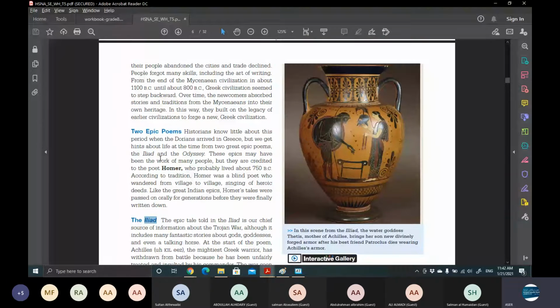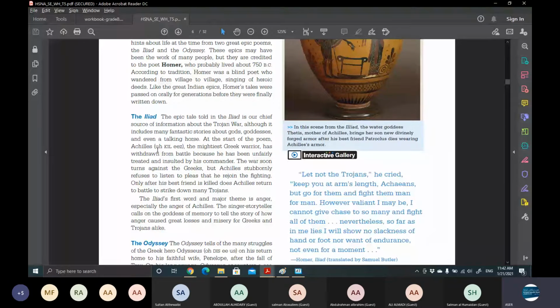So we have no written evidence about their life at that time, the period from 1100 until 800. That period is unknown to us. Consequently, most of the tales that we know came from the Iliad and the Odyssey, because he told us the epic tale about what happened in that period.